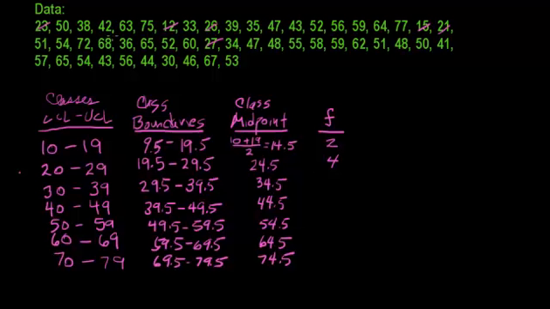Third class is 30 to 39. So we have 1, 2, 3, 4, 5, 6, 7, and I believe that's it, 7 in the 30 to 39 class.